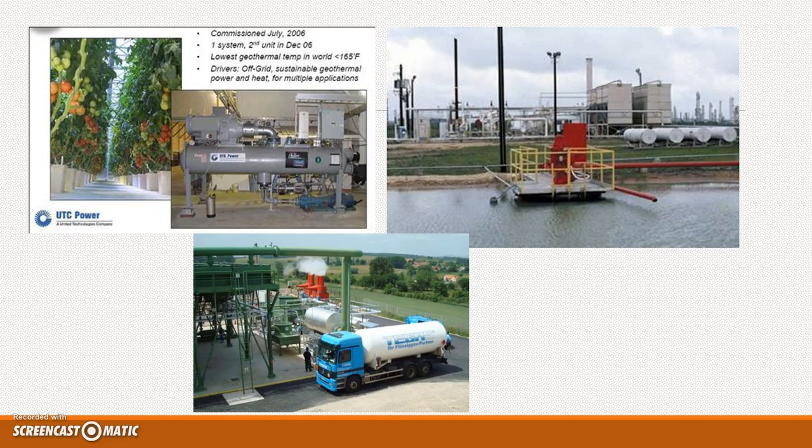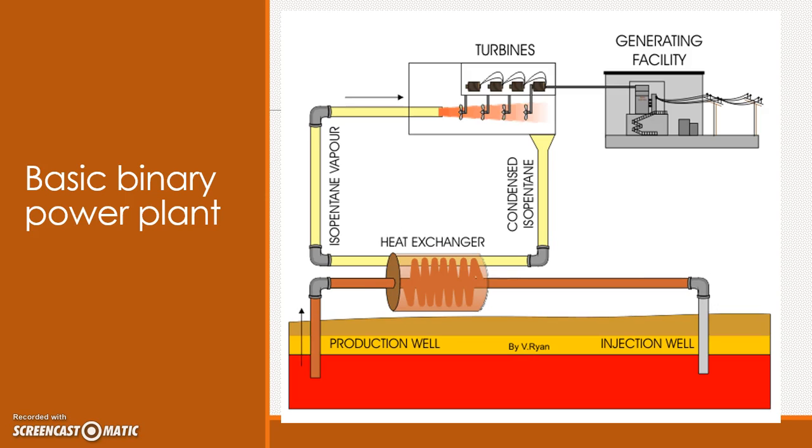There are several options to utilize the thermal energy produced from geothermal systems. The more common is base load electrical power generation. A binary power plant is used when the water that reaches the surface is not hot enough to produce steam.